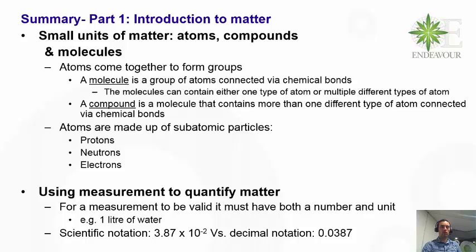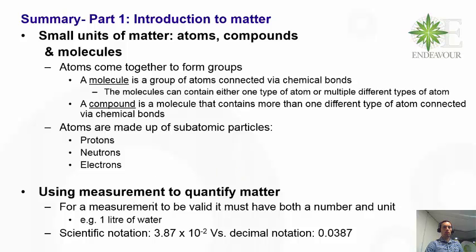So for a compound, the group of atoms coming together has to contain more than one different type of atom. So that means you would need, for example, hydrogen and oxygen together rather than just 2 oxygens. And we also saw that the atoms were made up of these different subatomic particles, which are the protons, neutrons, and electrons. We'll go into these in more detail in the next part of the session.